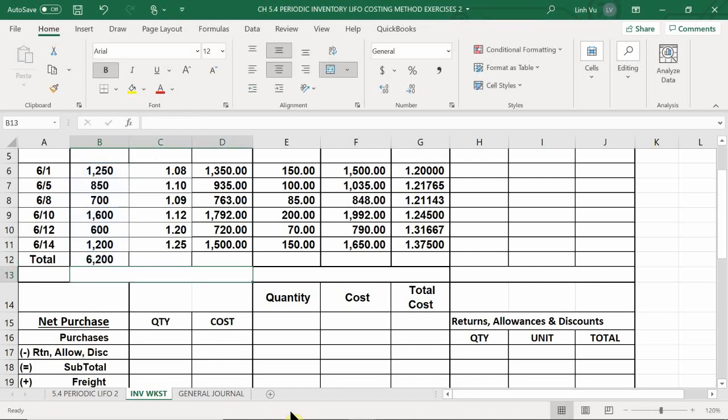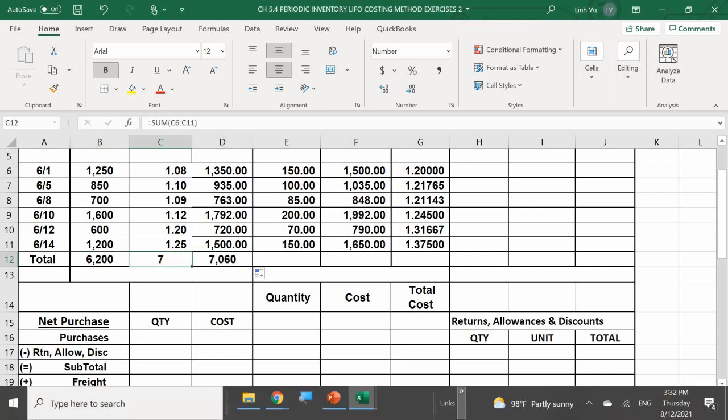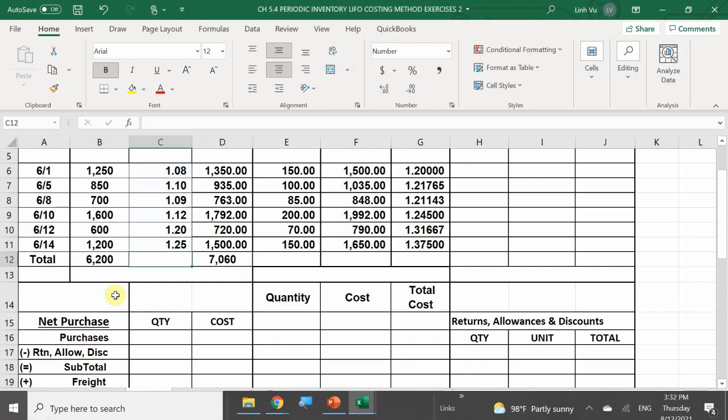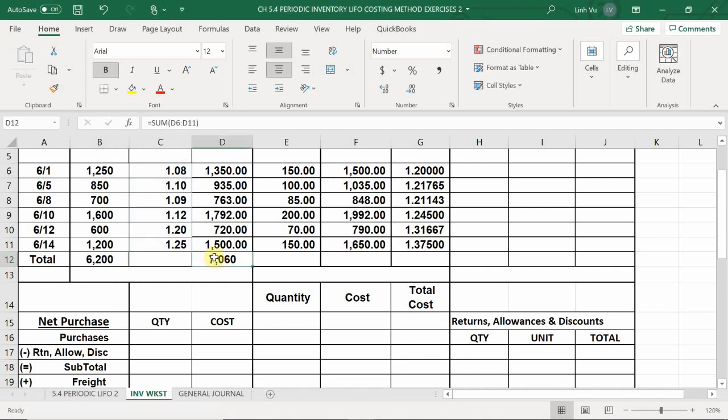We purchased 6,200 items. Okay. So then, what is going to be my total purchase price? 7,060. Good. Right.